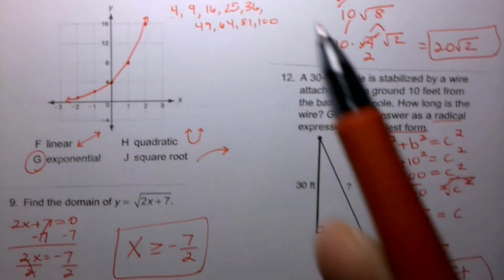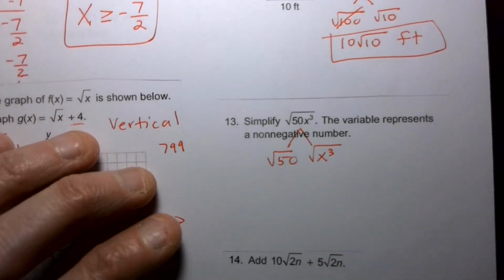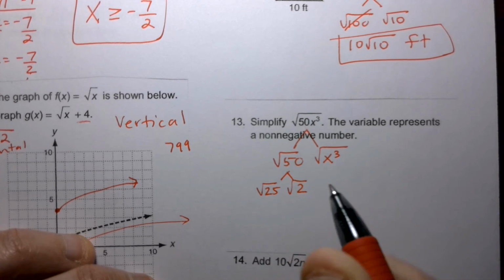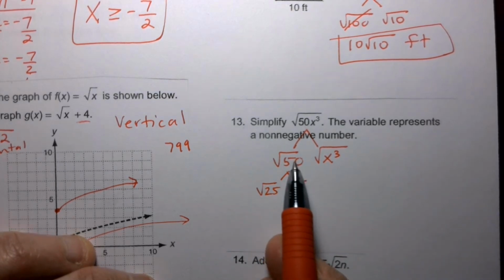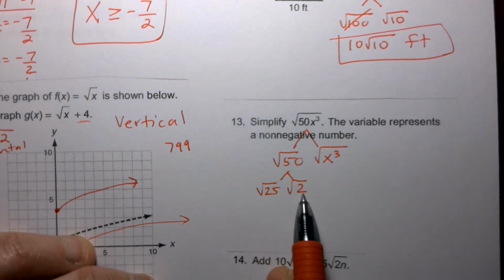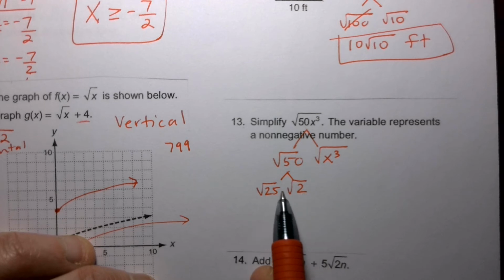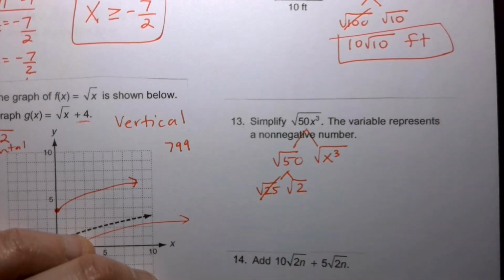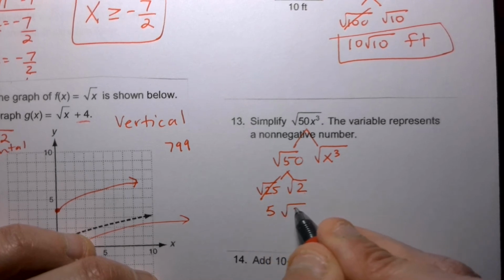Yeah, how about the 25, right? So we break that down. Square root of 25, square root of 2. These have to multiply to give you 50. It does not help me to say 5 and 10, because 5 and 10 aren't perfect squares, and you get nowhere. The only reason I pick these is because this is a perfect square. And I can get 5 root 2.